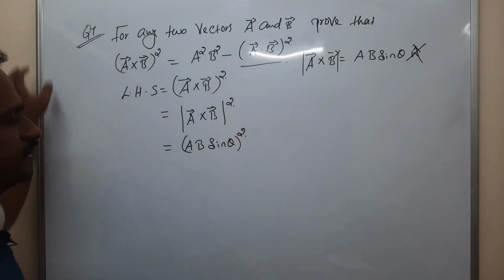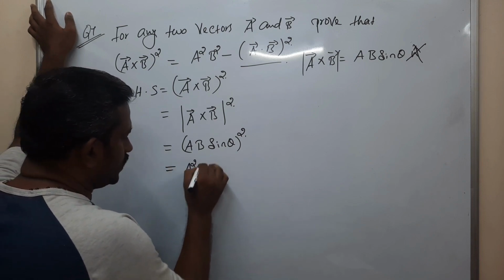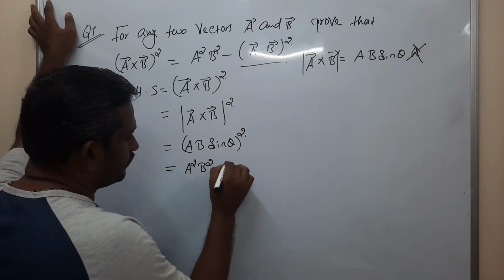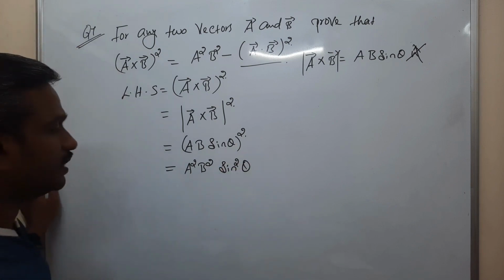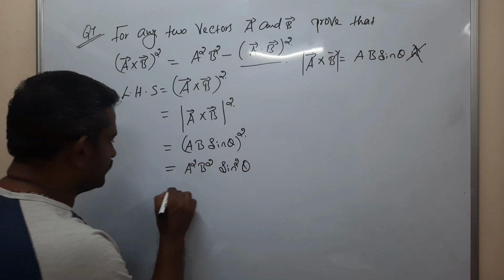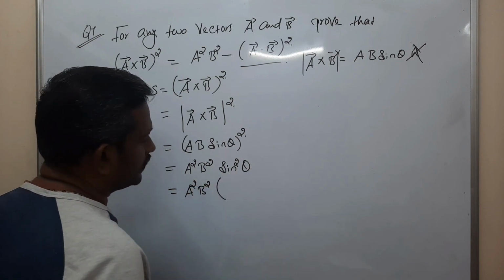Okay, AB sin theta square. So that's equal to A square B square sin square theta. Am I right? A square B square sin square theta.